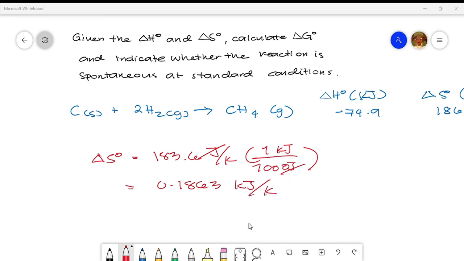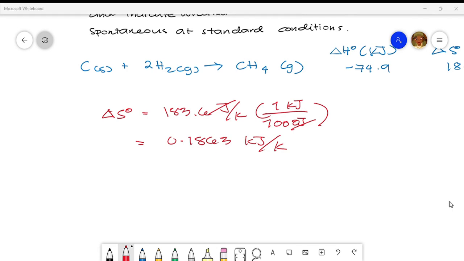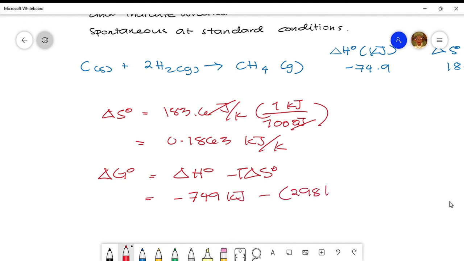And then finally, let's solve for the Gibbs free energy change. Have this formula. So we have negative 749 kilojoule minus 298 Kelvin times 0.1863 kilojoule per Kelvin. So we will have the final answer in kilojoules.